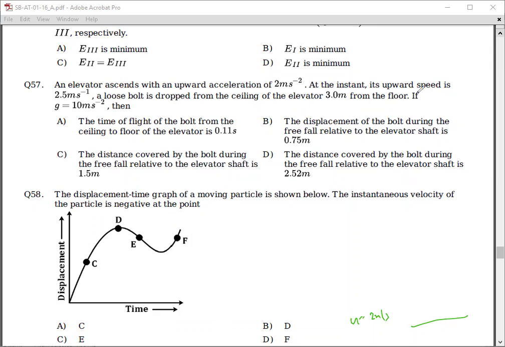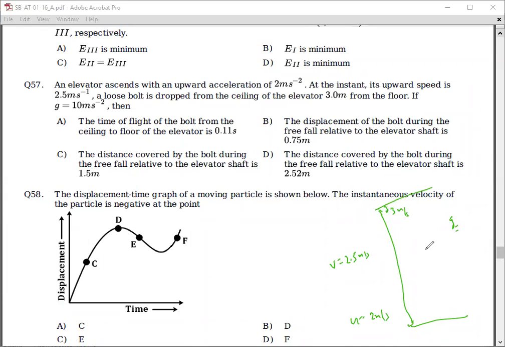At the instant, its upward speed is 2.5 meter per second. V is equal to 2.5 meter per second, right? A loose bolt is dropped from the ceiling of the elevator, right? Ceiling of the elevator, है ना? 3 meter above the floor, right? 3 meter. G is given.